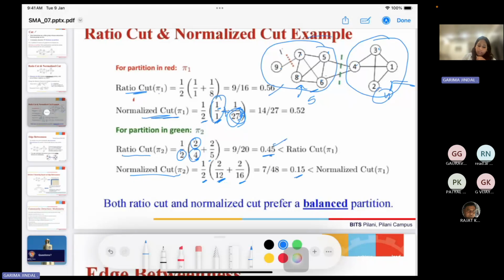If we compare these two values, we can see that partition 2 is better. Also, if we check the normalized cut value, again we can see that the value of partition 2 is lesser than that of partition 1. So these two metrics suggest that the second partition is much more balanced than the first one.